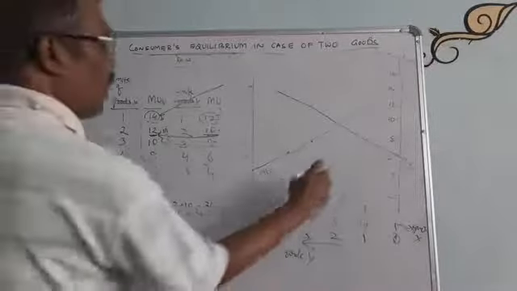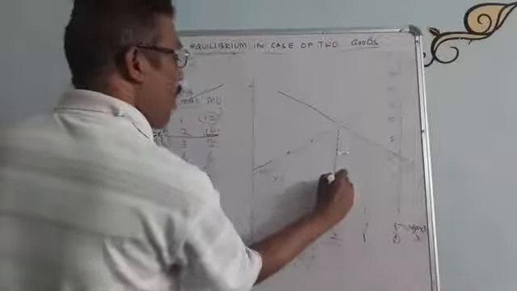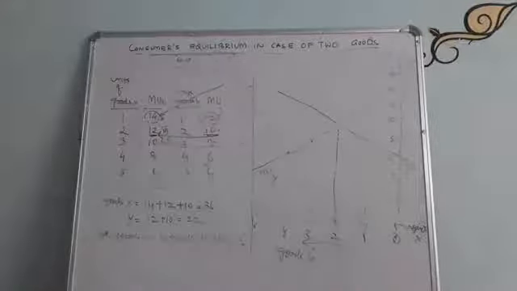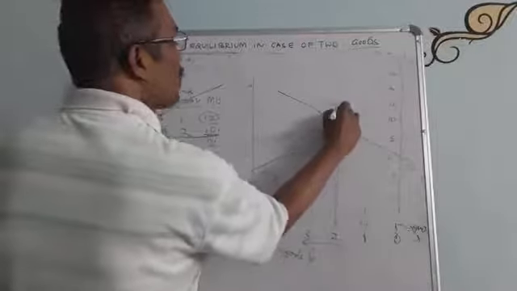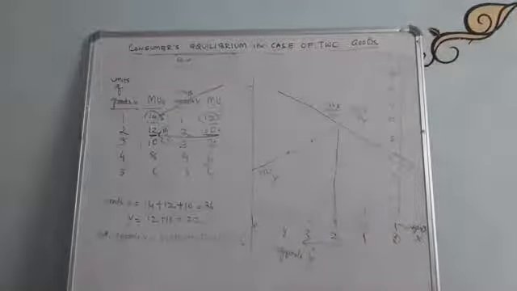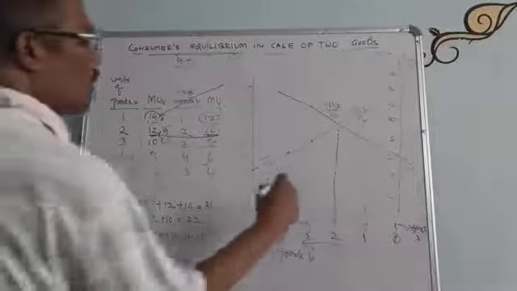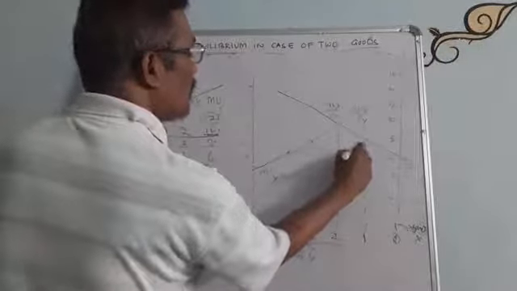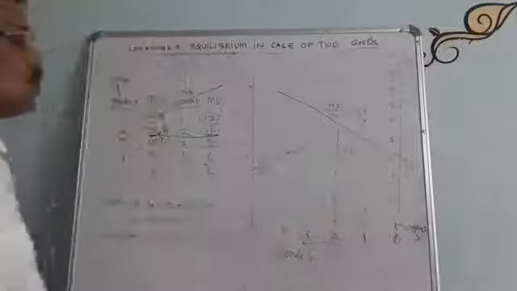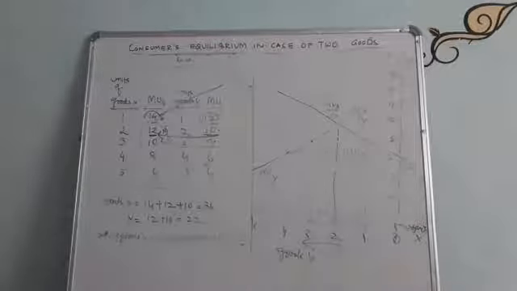So this is the point, at the third unit, where marginal utility of good X upon price X equals marginal utility of Y upon price Y. Or we may say that marginal utility of good X equals marginal utility of good Y, which is called the consumer's equilibrium in the case of two goods.